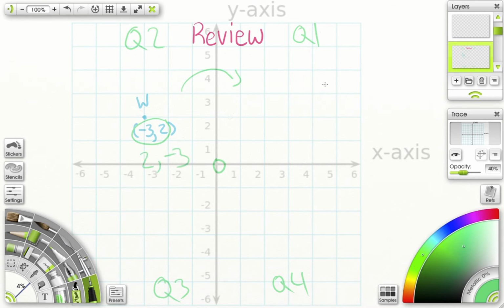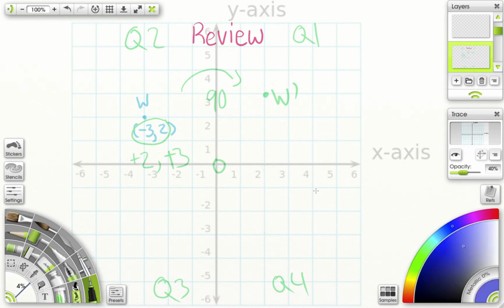However, in quadrant 1 both numbers are positive, so it cannot be a negative number. If I just reversed it, it would end up down here, and that's not what we want. So our 90-degree rotation is reversed, and then this becomes a +3. So it becomes +2, +3. So +2 and +3 is our W rotation, W prime.